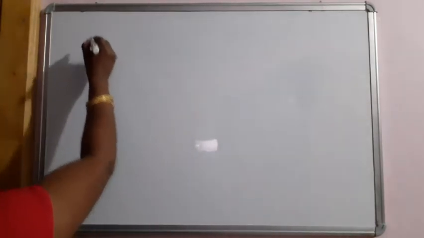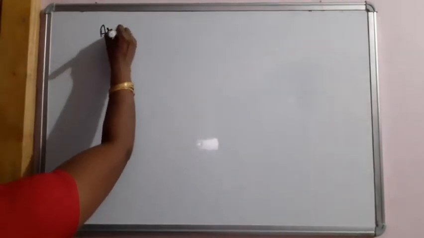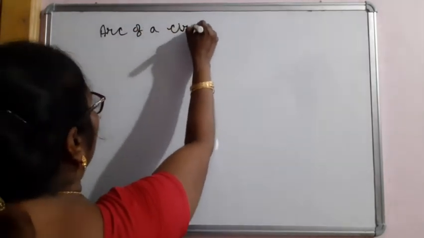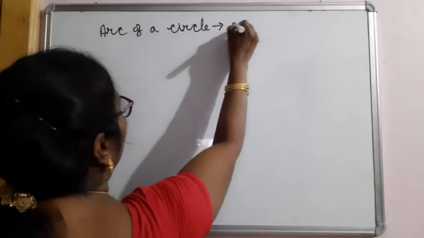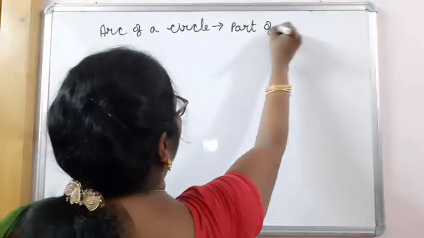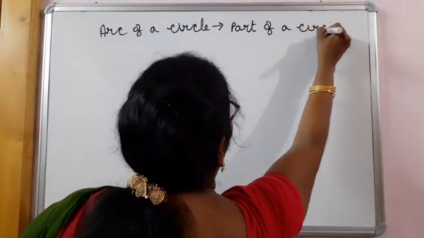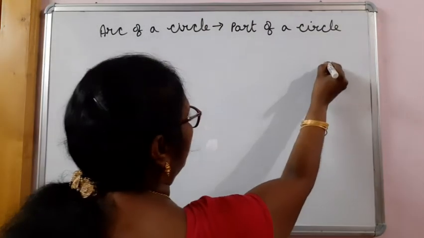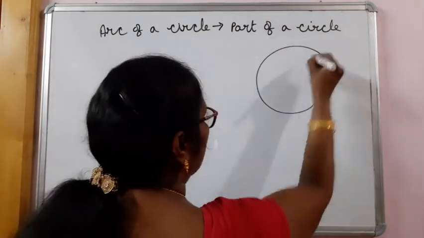Now let me explain you what is the arc of a circle. Part of a circle is called the arc of a circle. Let me explain you what is this.